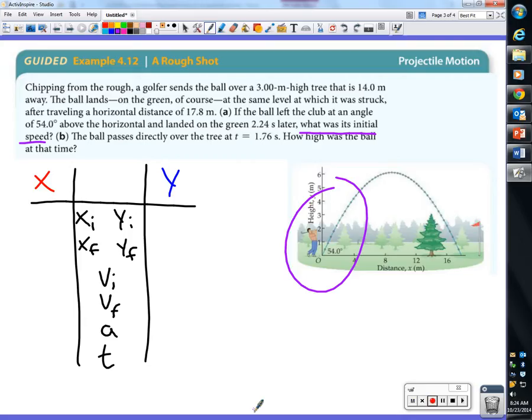Okay? So, similar to what we just did in the previous problem, if we want to know the initial speed, ultimately we're going to have to find what? In the last problem, when it asked us to find speed of the splashdown of Diver 2, what did we have to find?